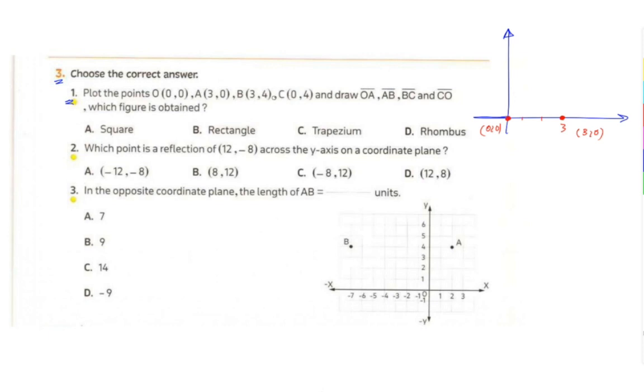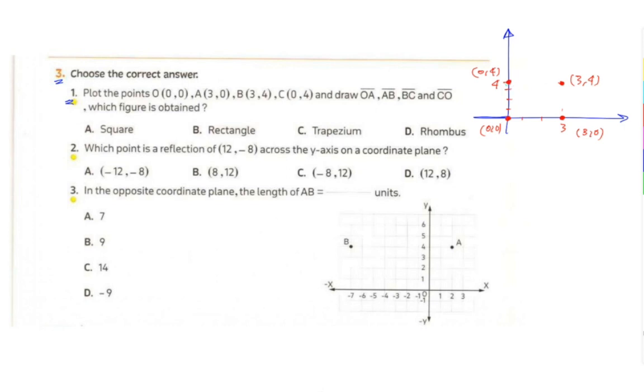B, 3 and 4. 3 on X and up 4. 1, 2, 3, 4 will meet each other here. That's 3 and 4. This is point B. Okay, last point, 0 and 4. Where is 0? On X, and 4 on Y. Up to 4, that's 0 and 4 on the Y axis.